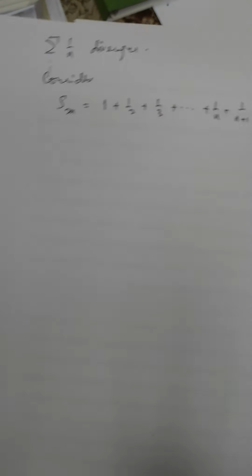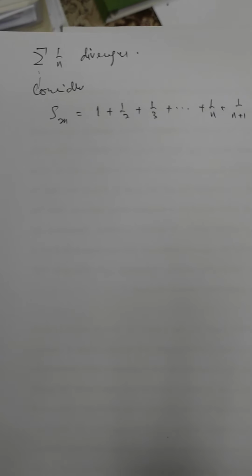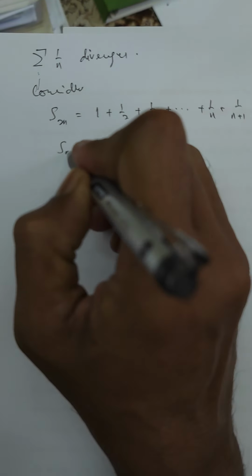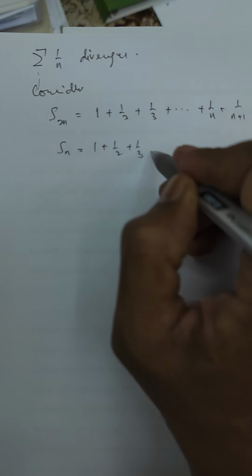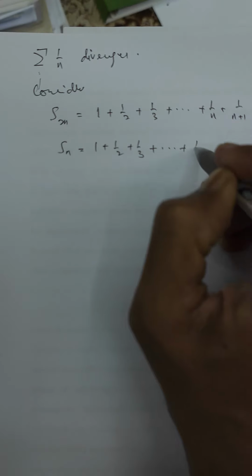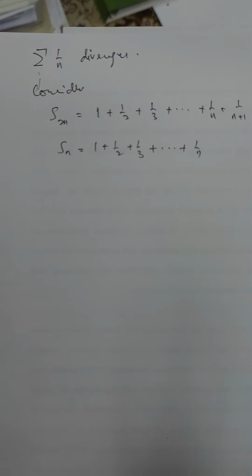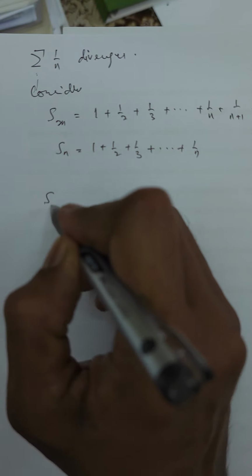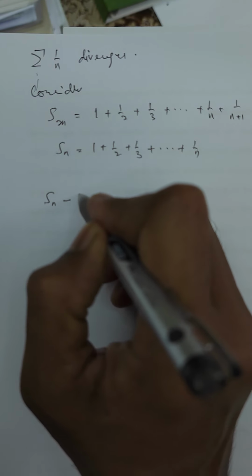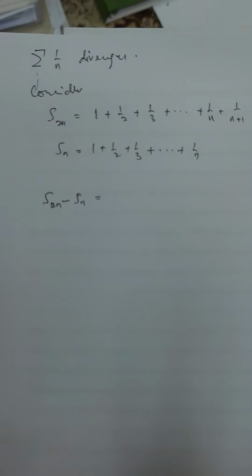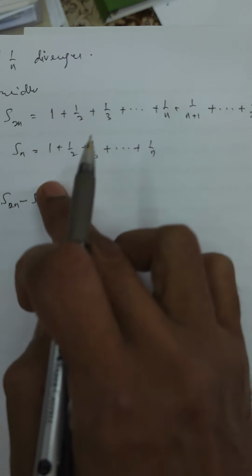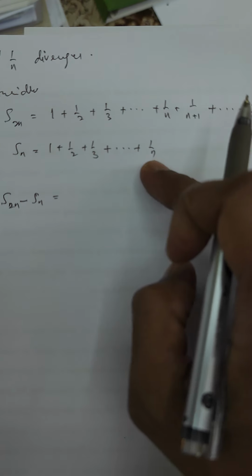And for Sn itself, the partial sum, this is 1 plus 1 over 2 plus 1 over 3 and so on up to 1 over n. If you subtract the two, S2n minus Sn, 1 cancels out, 1/2 cancels with 1/2, 1/3 cancels with 1/3, 1/n cancels with 1/n.